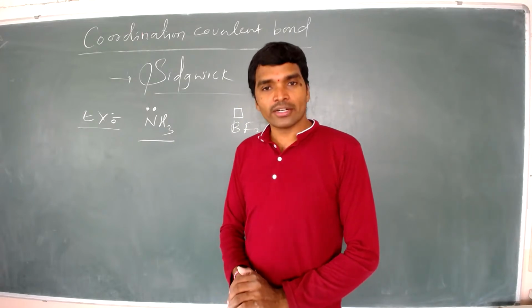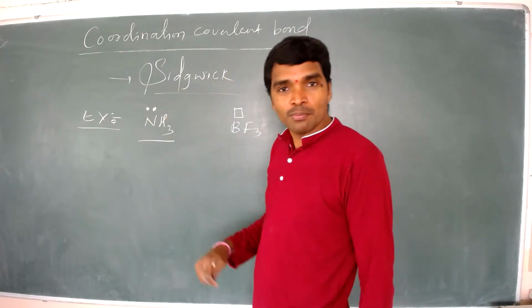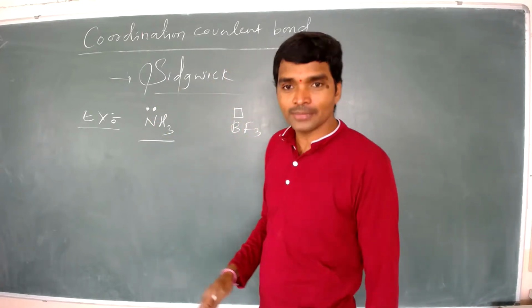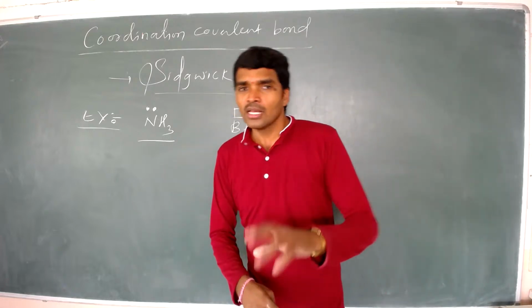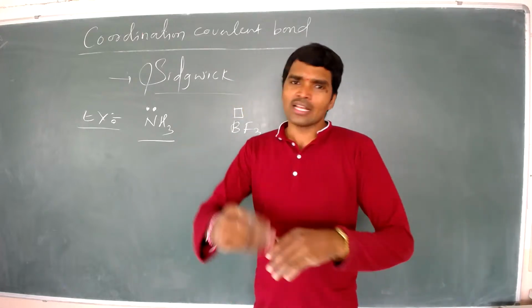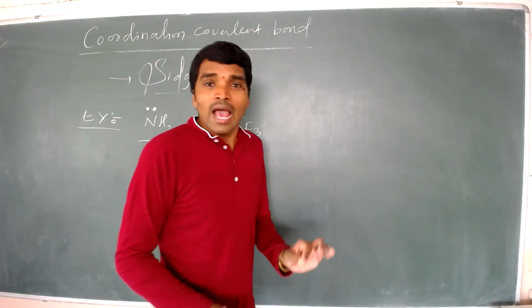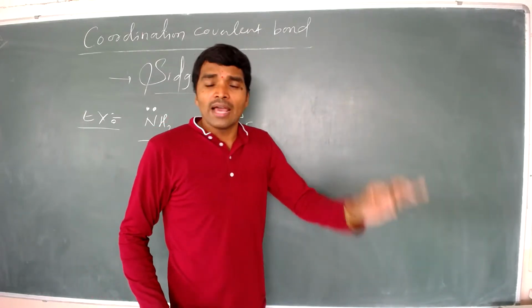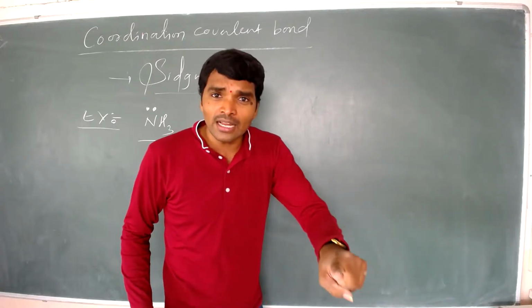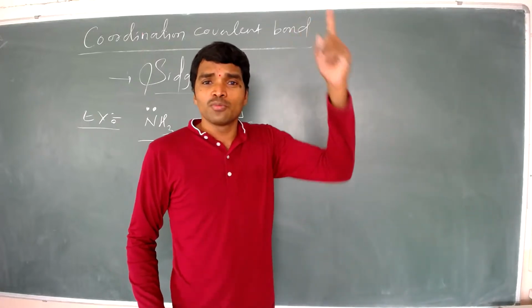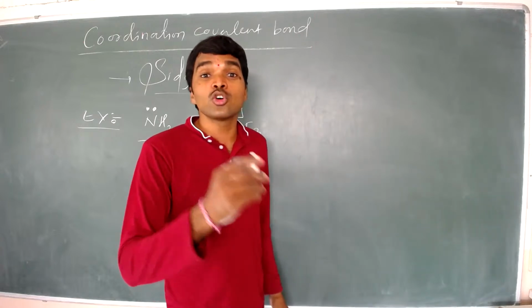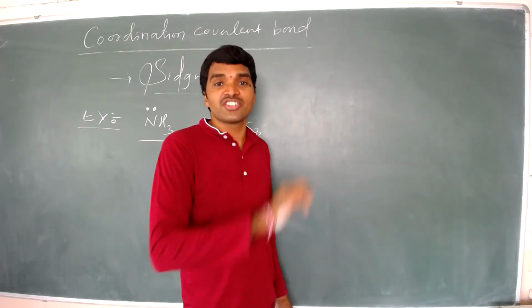On the basis of the octet rule, this has a lone pair and that has a vacant orbital. If you have doubts about the octet rule, I'll explain next class. Simply, the octet rule means achievement of 8 electrons in the valency shell.